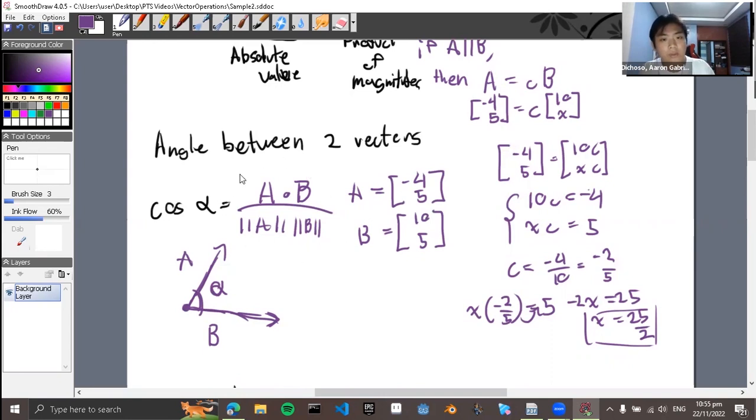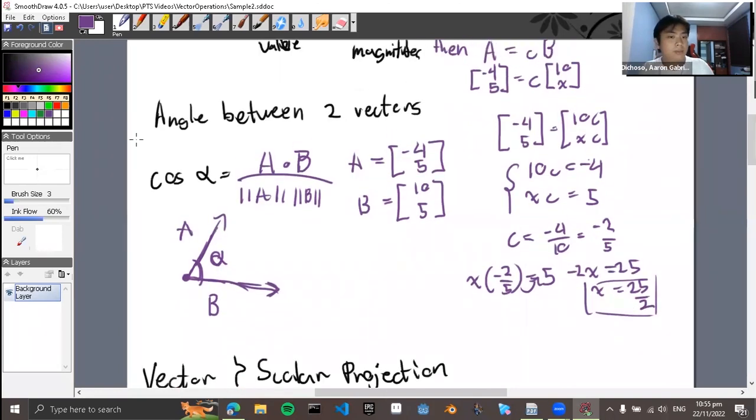We will just use this formula, dot product A dot B over magnitude of A times magnitude of B. So, dot product of A dot B. A dot B would be equal to negative 40 plus 25, which is equal to negative 15.